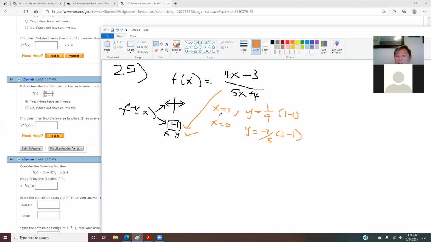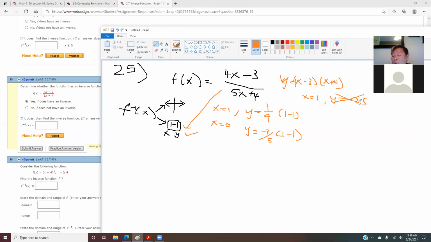The one that is not 1-to-1 is when you plug something in and you get two y answers. For example, x minus 3 and x plus 4. And if you plug this in, it becomes 0. When you plug in x equals 1, you get two y answers in this case. One is -2 and one is 5.